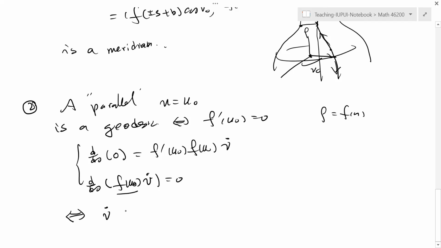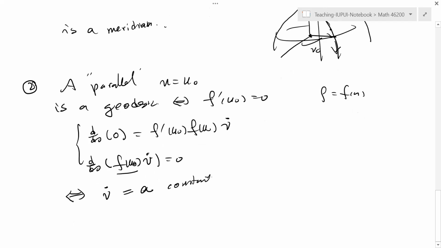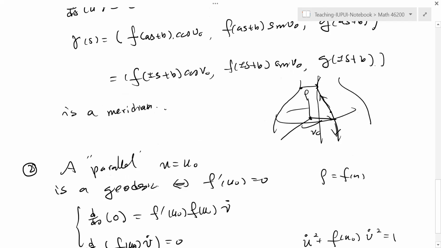From the second equation, this will be a constant. And you plug into the first equation, and this is constant, so u dot squared plus f squared v dot squared, the unit speed. This is always the equation we have here.